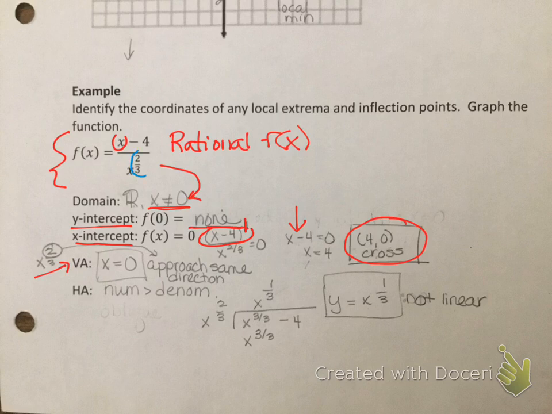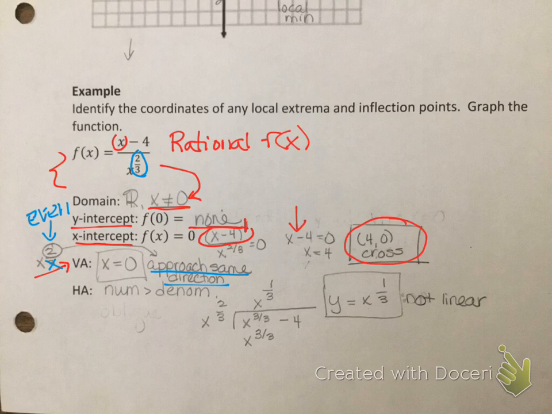Here is my exponent on my denominator that I'm looking at to determine same or different directions from the vertical asymptote. You don't care about the denominator of that. You only care about the numerator, which is even. And if you recall, that means we approach from the same direction.